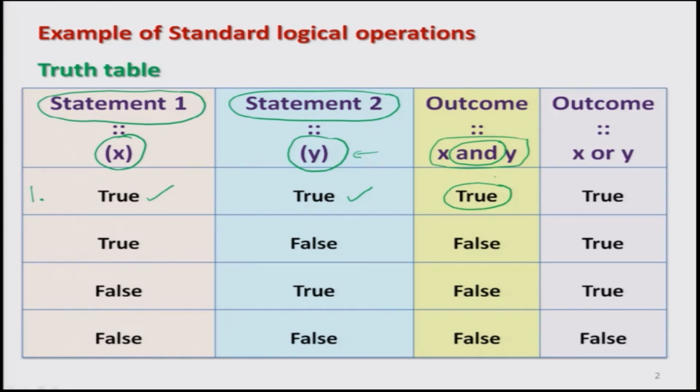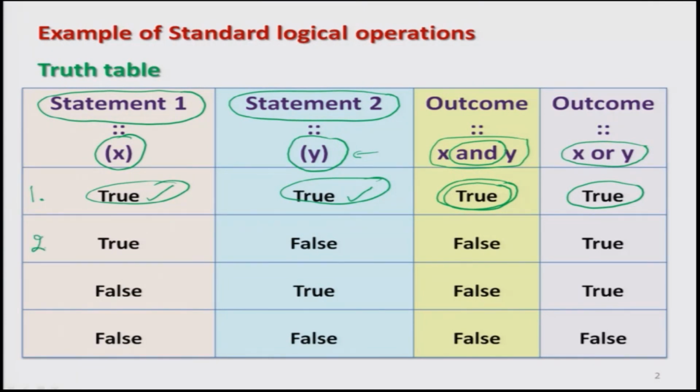So if statement 1 is true and statement 2 is true, their combination with the and operator will also be true. Now if statement 1 is true and statement 2 is also true, what will happen to x or y? That means both statements are true, so what is the outcome when they are combined with the or operator? Or means either of them is true. In this case, the outcome is true. That means x or y will give us the outcome true.